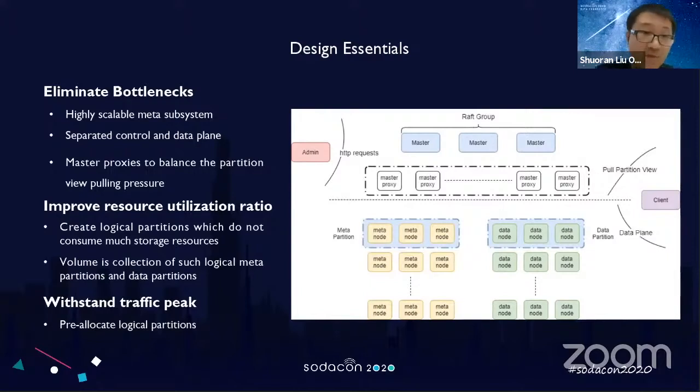First of all, as you can see from the right figure, we tried to eliminate bottlenecks in the whole system. For example, the meta node can be scaled out, as well as the data node. Also, the control plane and data plane are separated, so the performance is not limited by the potential bottleneck of the master module.